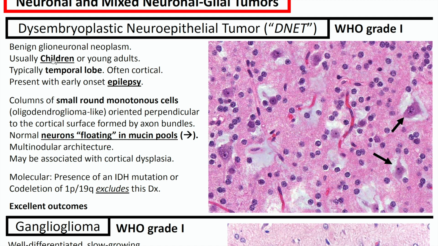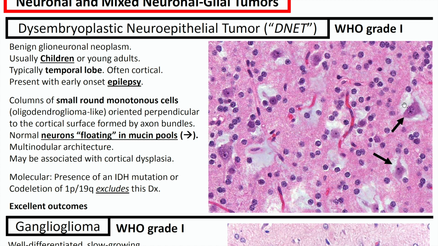So on histology, you're going to have columns of small, round, monotonous cells. They have an oligodendroglioma-like appearance, and they can be oriented perpendicular to the cortical surface formed by the axon bundles. And then you'll see normal neurons floating in mucin pools, as the arrows indicate here.